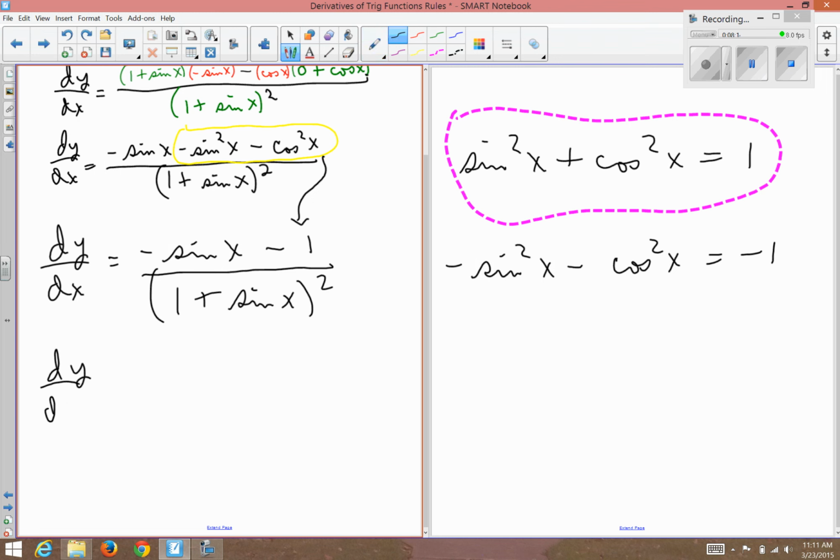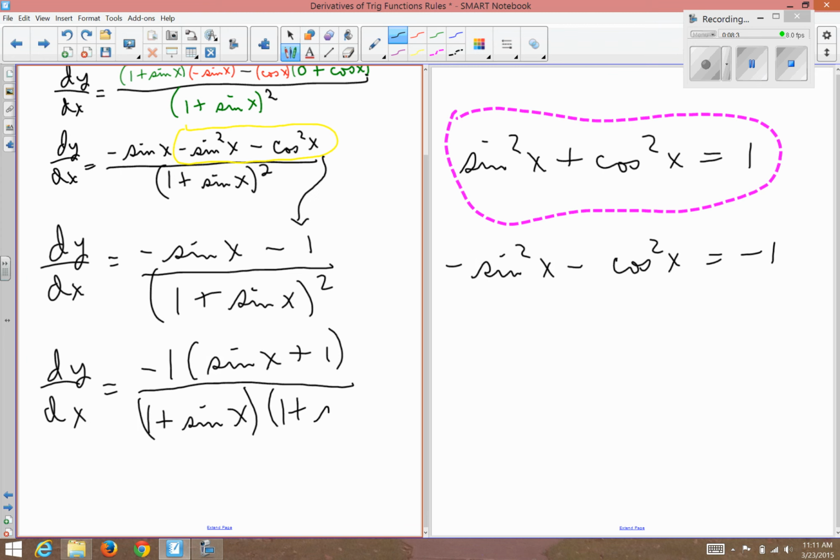And the numerator, both terms are negative, so we can write that as negative 1 outside of sine x plus 1. The negative 1 that's in both terms factored out. The denominator is 1 plus sine x squared. That means 1 plus sine x times itself.